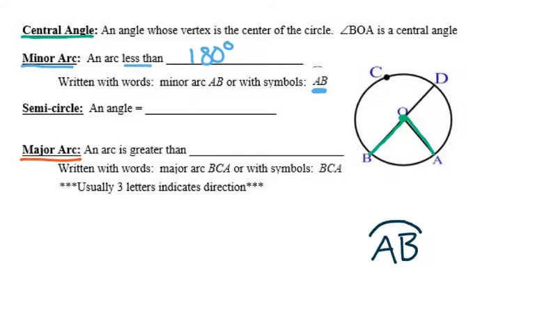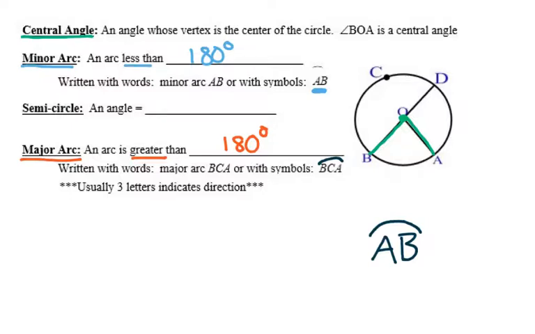We're going to skip semicircle for a second and go down to major arc. So major arc is going to be an arc that has more than 180 degrees. In written words, we can do a major arc as major arc BCA, or with symbols, we could talk about it as arc BCA with that symbol over top of it.